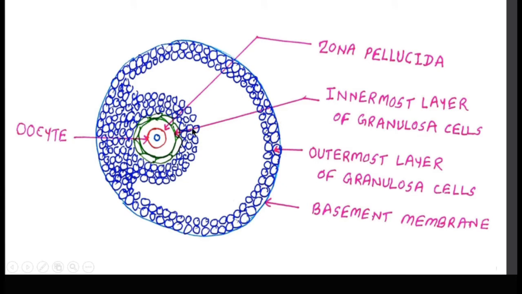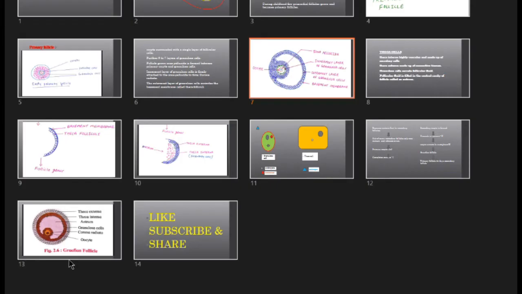In between the granulosa cells that surround the ovum and the granulosa cells that encircle the basement membrane, there is a space, a cavity, and this cavity is called the antrum. This transparent cavity you can see in this figure is the antrum, and this cavity is filled with fluid, and that fluid is called the antral fluid. This antral fluid is secreted by the granulosa cells of the theca interna, as I told right now.